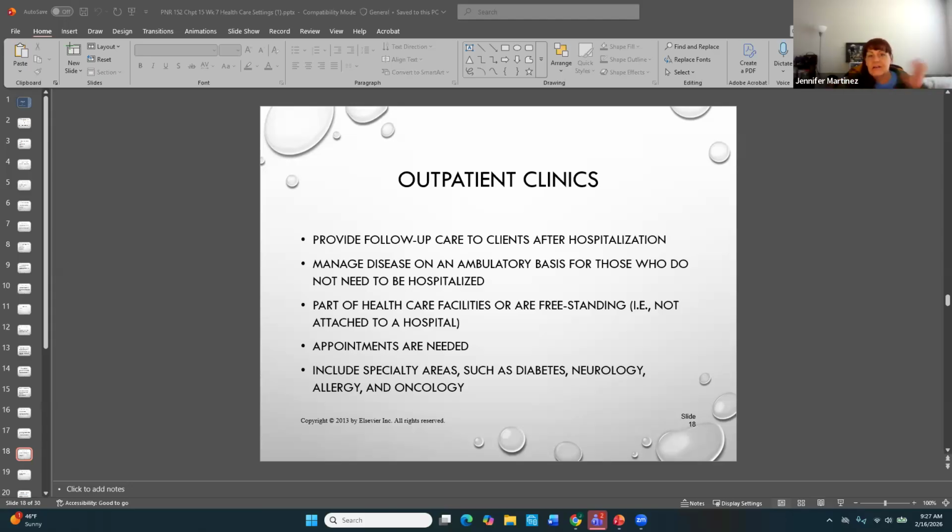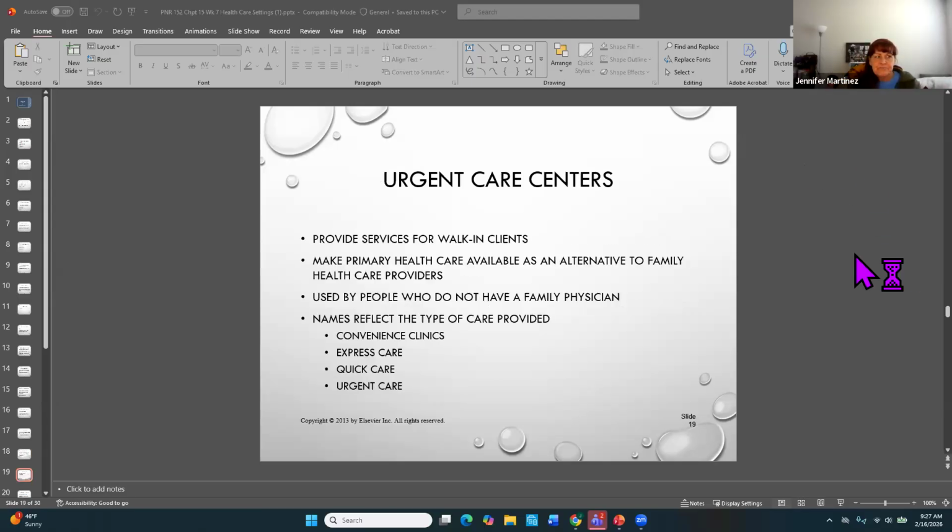You generally have to call in advance and schedule an appointment to go see the providers. Urgent care centers provide services for walk-in clients.